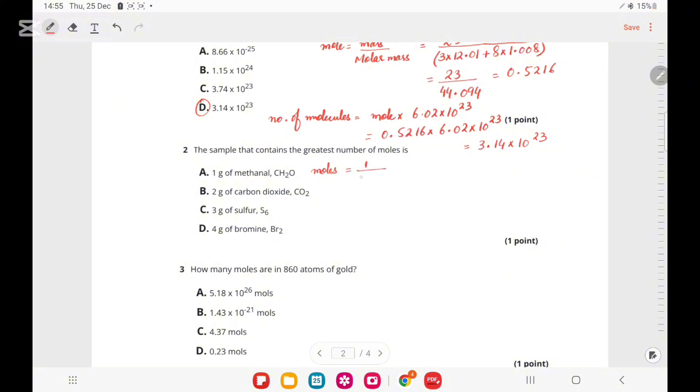Molar mass of CH2O is going to be 30.026, and it comes out to be 0.03330. And for carbon dioxide, moles is equal to mass, which is 2 here, divided by the molar mass of carbon dioxide, 44.01, and that comes out to be 0.04544.